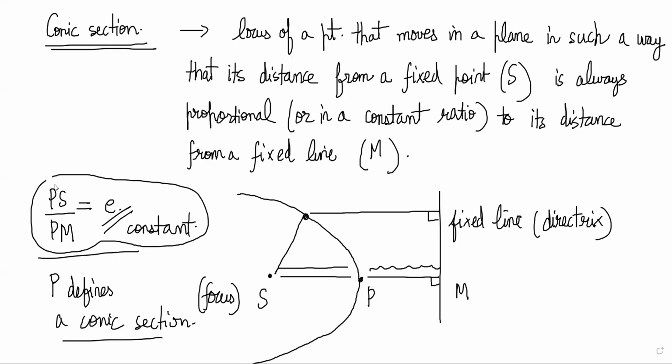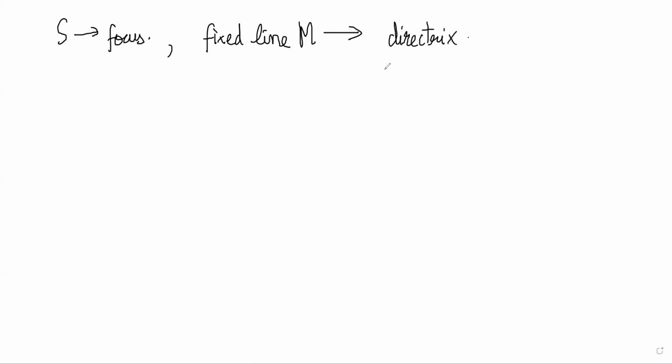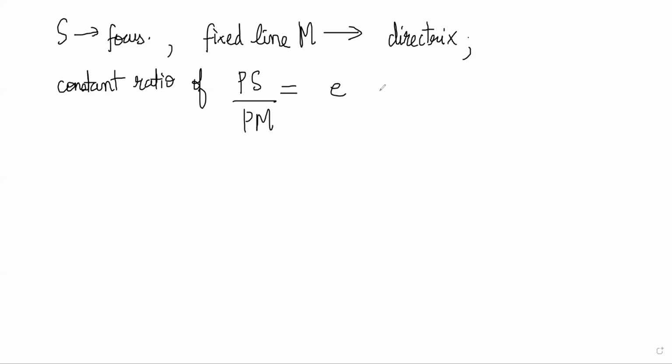Right? So let's understand it in a little more detail. The point S is known as the focus. Your fixed line M that I called M is known as the directrix, and the constant ratio of PS by PM, which is known as E, is also called the eccentricity.